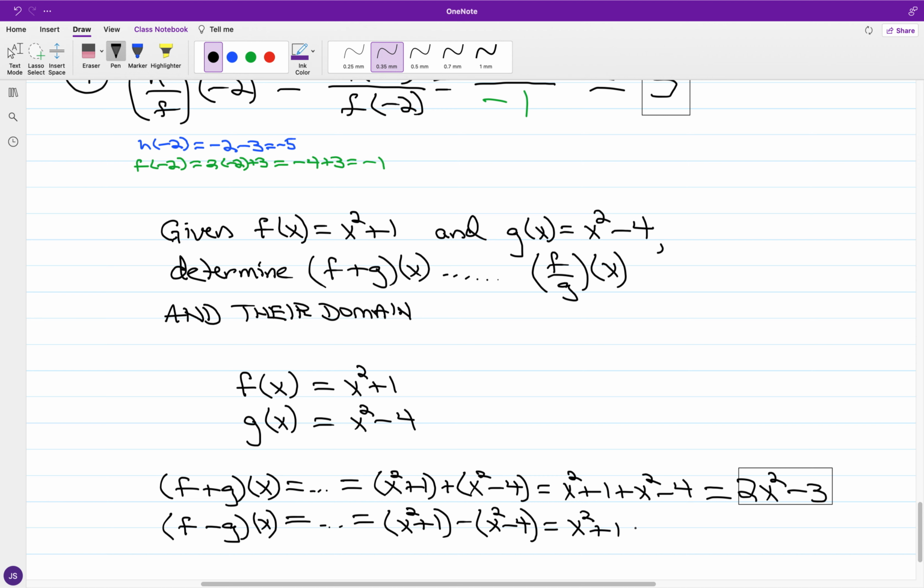Now x squared minus 4 will have sign changes, so we have a negative x squared. Subtraction over minus 4 translates to addition. Here x squared minus x squared goes out, and we get 1 plus 4, and so this will be the constant value 5.